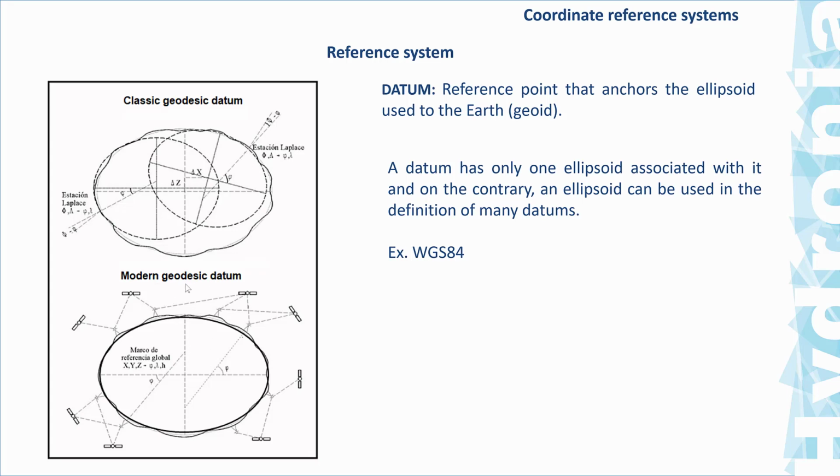And then you have the modern geodesic datum, like the WGS 84, that is common to all the points on the Earth. And this is the one used by the GPS data that you normally collect with the GPS instruments.